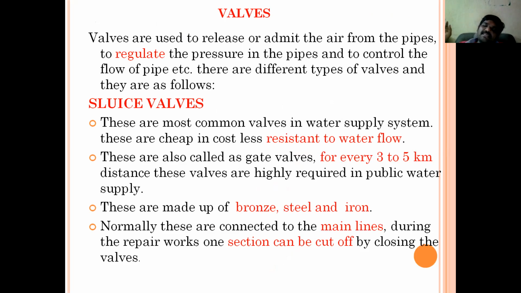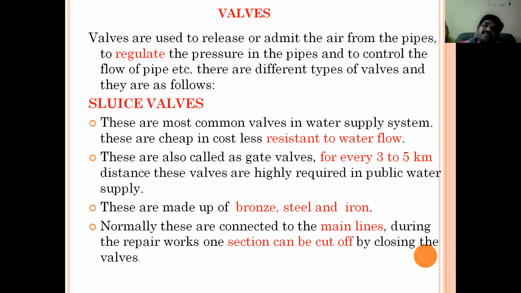These are recommended for every 3 to 5 kilometers distance in a public water supply system. Mostly they are made of bronze, steel, and iron. Normally these are connected to the main lines during repair works, where we want to cut off water supply to one particular section.